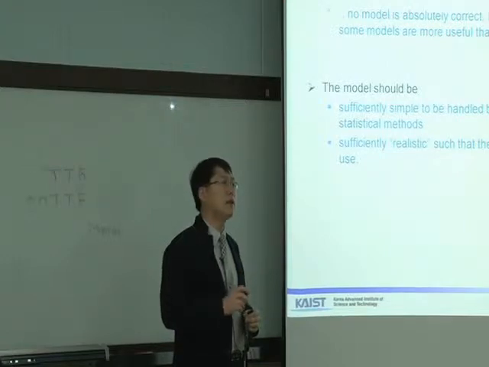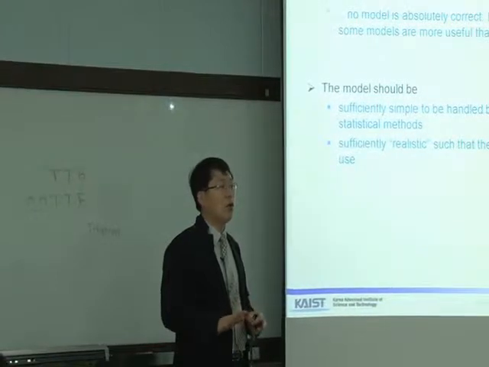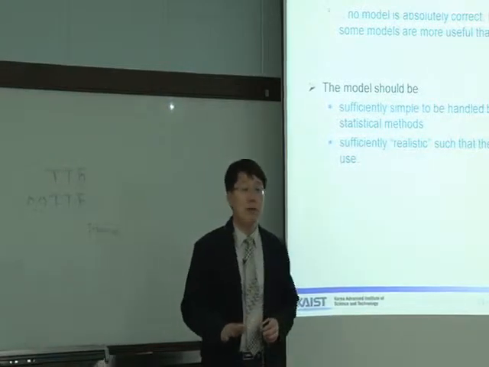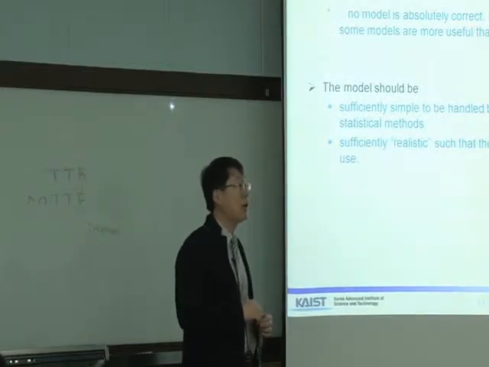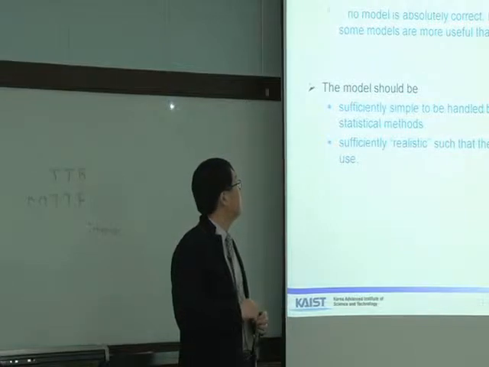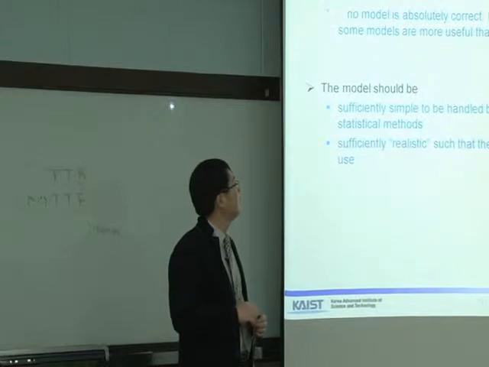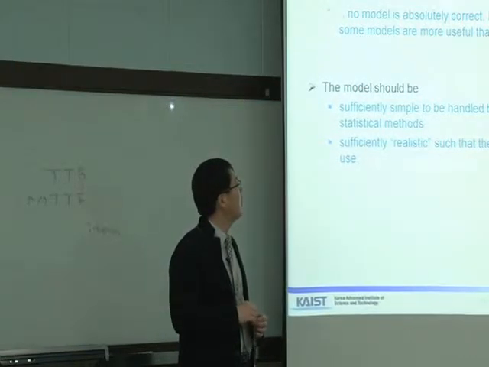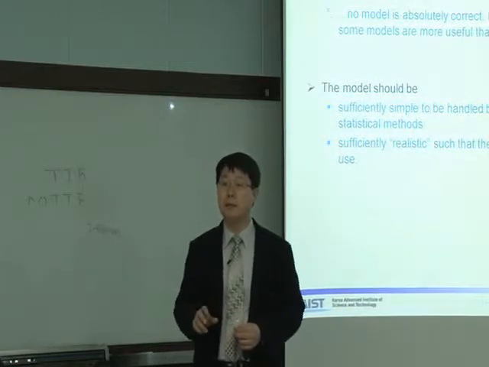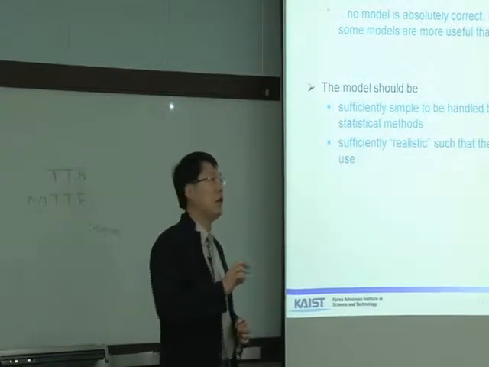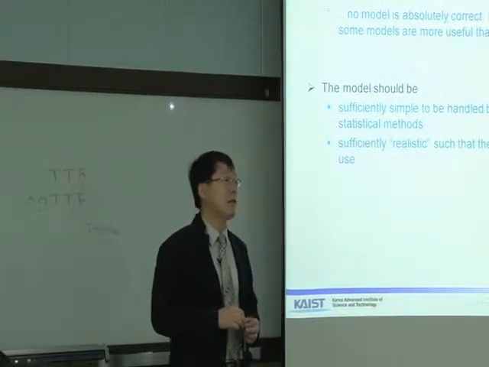If the model is complicated, it can be written down on paper, but it's very hard to apply to the real world. But the model should be sufficiently realistic and detailed, such that the deduced results are of practical use. So the model should be detailed enough so that we can see the action or reaction of the systems.